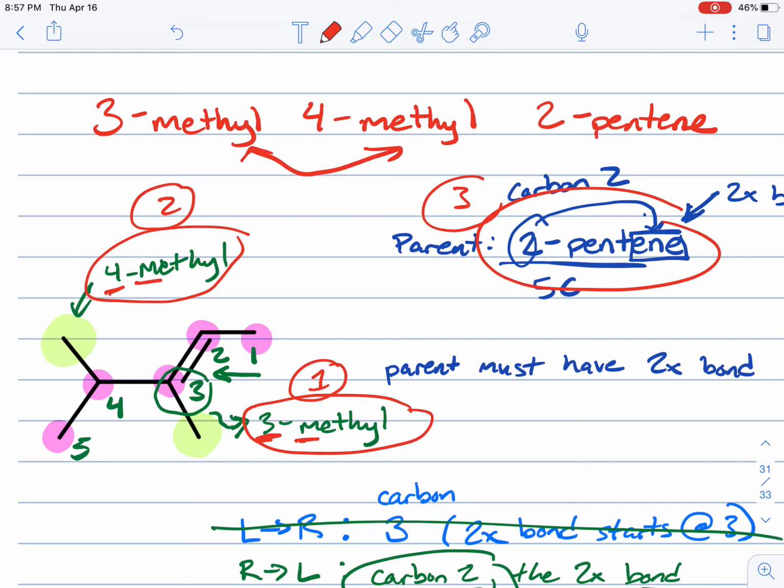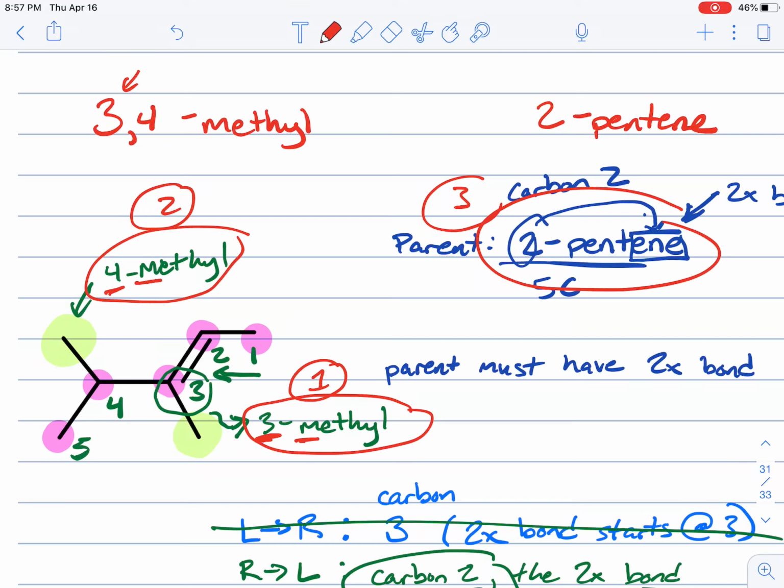And so to ensure that I'm not repeating the same item twice, I'm going to go ahead and shorten this up by putting 3, 4, so I have two numbers. Since I have two numbers, I need to put a dimethyl. Okay.